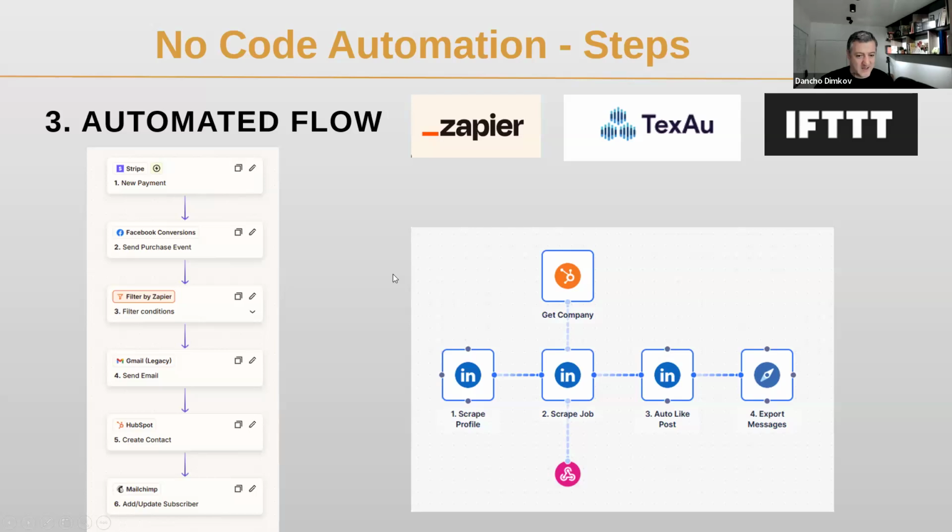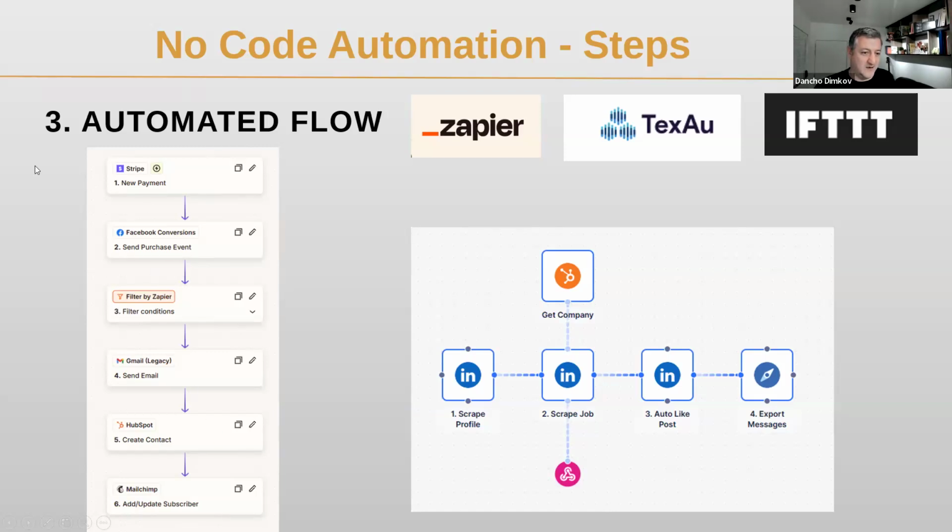I actually have this opened, but this automation is what I'm doing when someone buys Sweet Leads. If I see a new payment on Stripe, then I see a Facebook conversion, which is then filtered, and then I'm taking them to HubSpot to create an account, and then to MailChimp to add or update a subscriber.